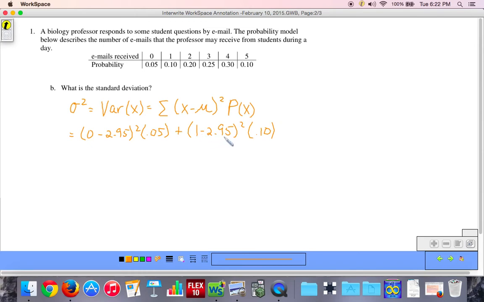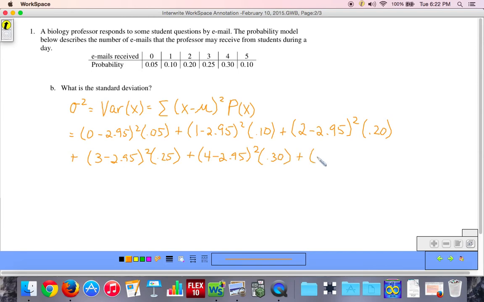Here's my X, here's my mu, and here's my probability of X. And then 2 minus 2.95 squared times 0.20, plus 3 minus 2.95 squared times 0.25, plus 4 minus 2.95 squared times 0.30, and finally 5 minus 2.95 squared times 0.10.